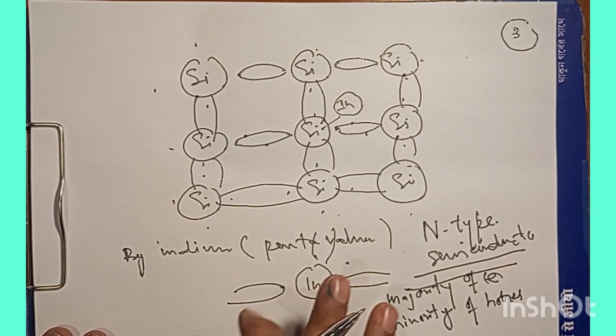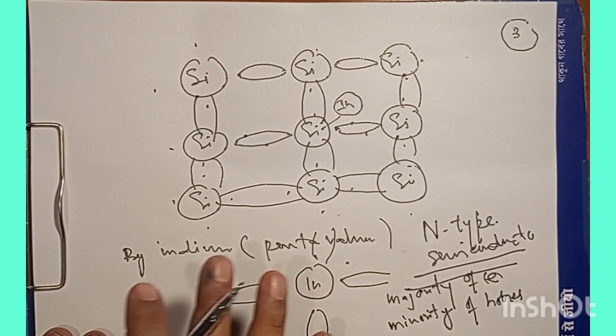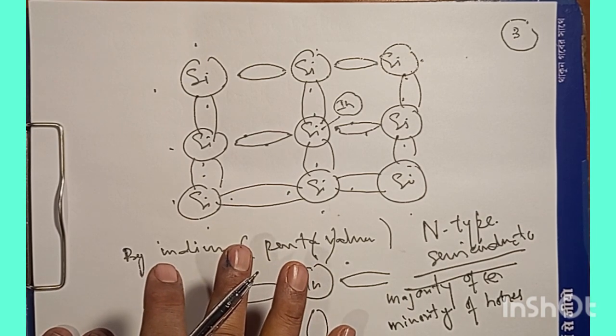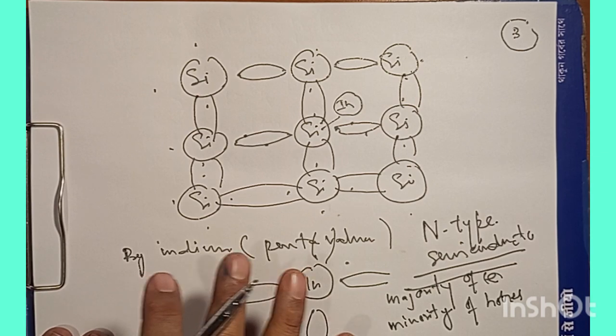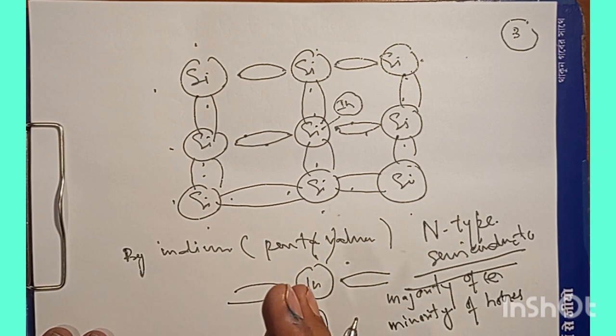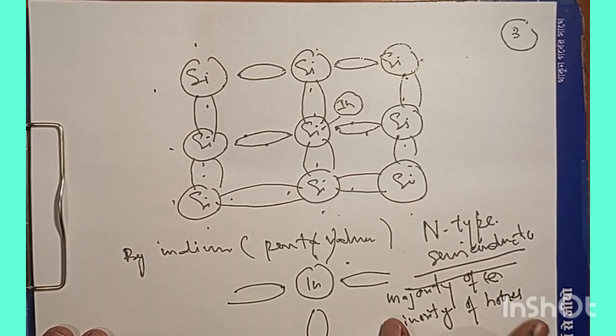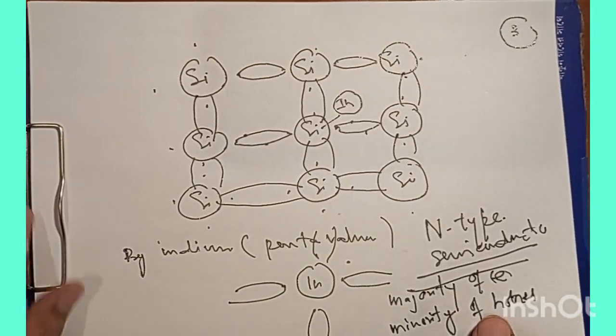This way we are able to enhance the conductivity of the original silicon matrix by adding pentavalent impurities.